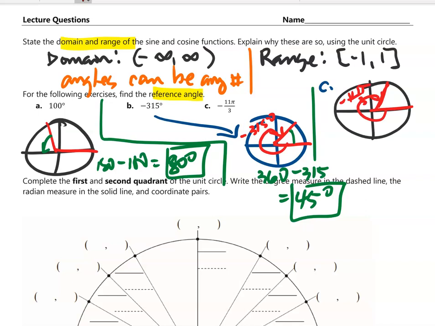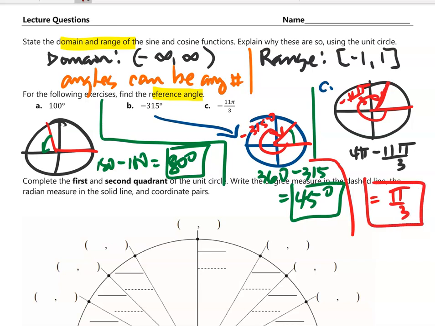So fastest way to the x-axis, so that is like 4 pi minus 11 pi over 3. 3 times 4 is 12 minus 11 is equal to pi over 3. So this is pi over 3. And that is the reference angle. Okay.